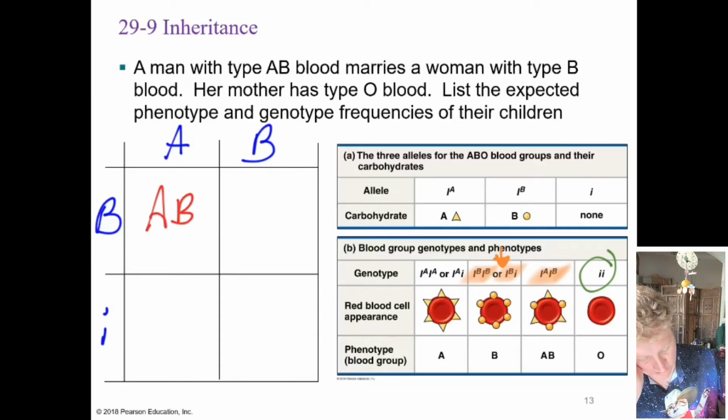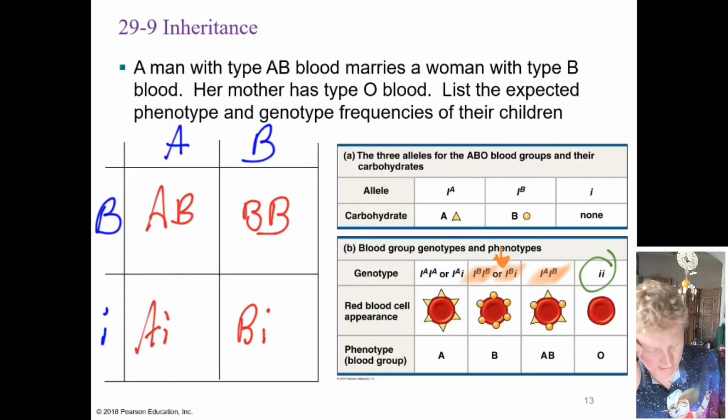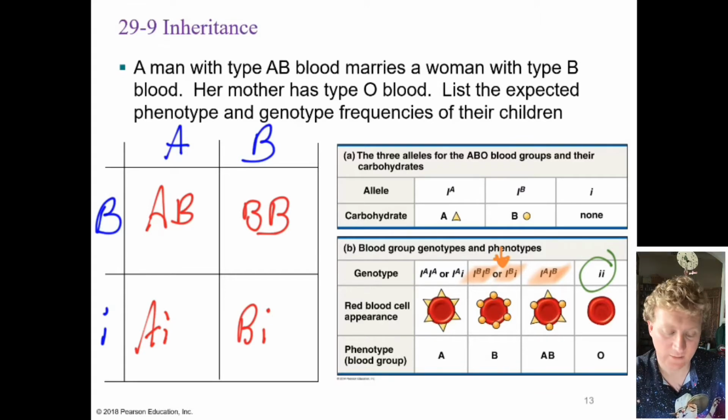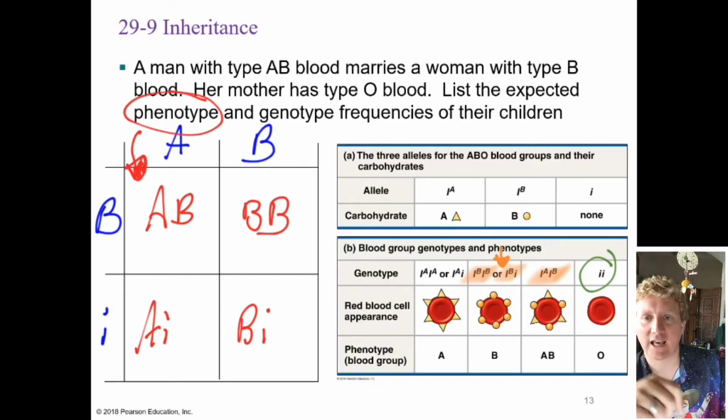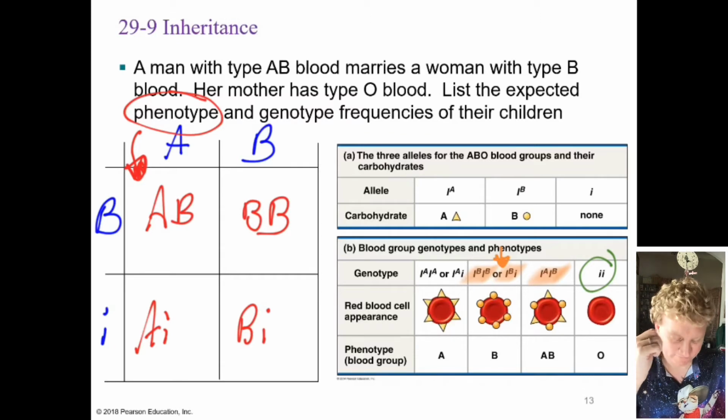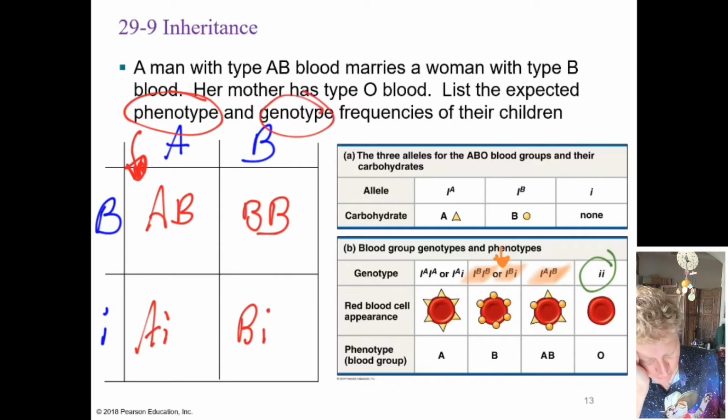So I have an AB, I have a B, I have an A, and I have a B. So those are my phenotypes, right? My phenotype frequency is right there, and you would list that off. My genotype frequencies, well, in this particular case, no, here, let me back up. So I misspoke.